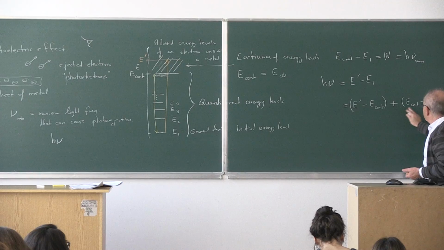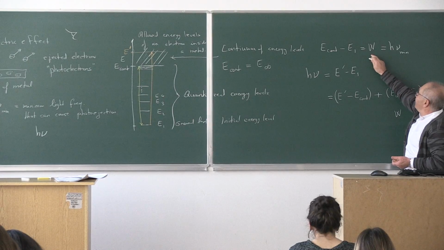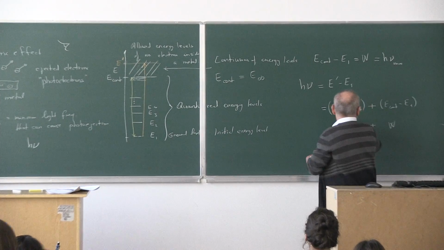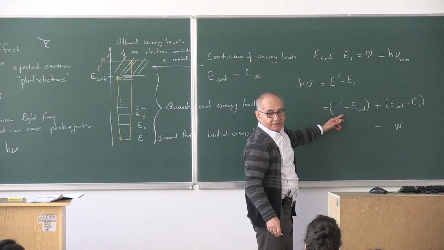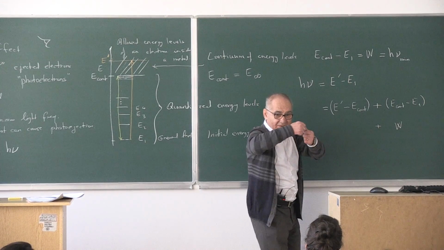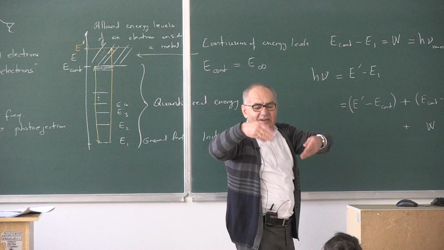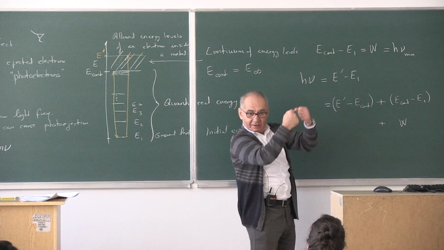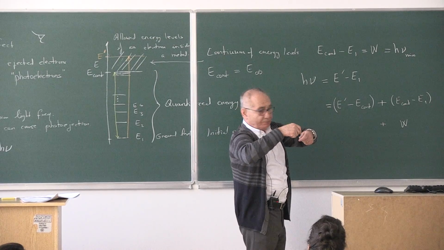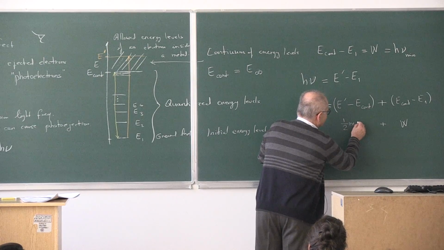Now, this quantity, we called it W. It is this minimum energy which is needed. And this part is the extra energy which is transferred to the electron. This electron is a free electron because it is sufficiently far away from the surface of the metal. It only has kinetic energy. There are no forces trying to pull it back. It has been released from the surface. So this part is just kinetic energy.